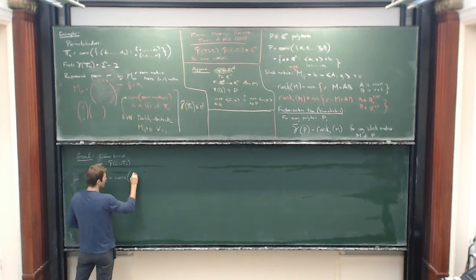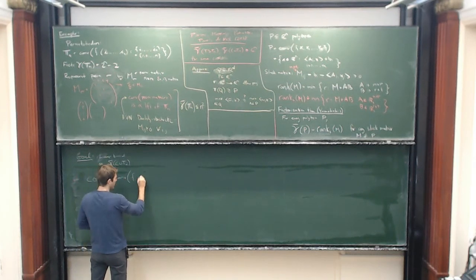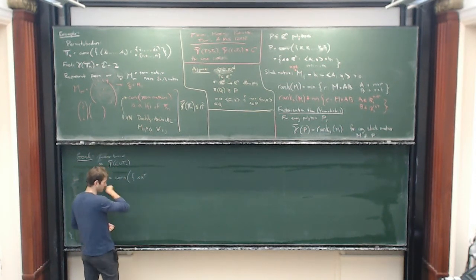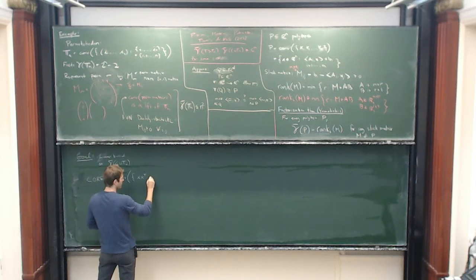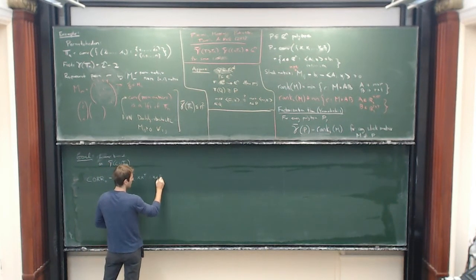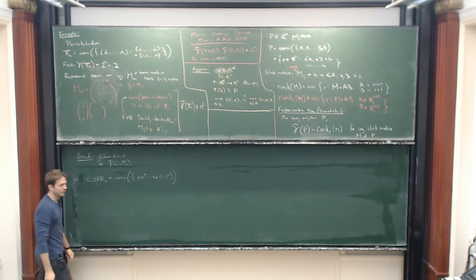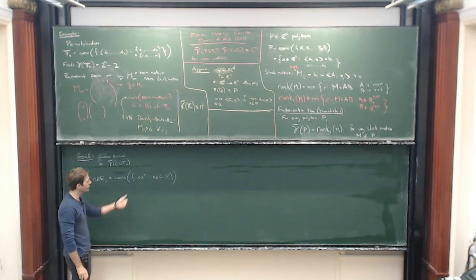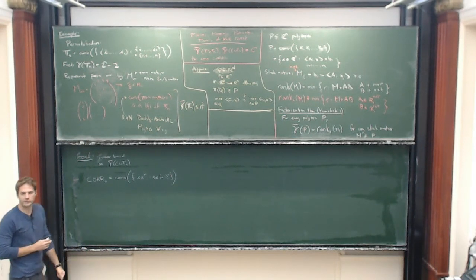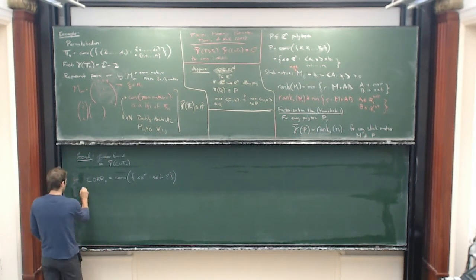It's the convex hull of all of the matrices of the form x x transpose, where x is an element of the discrete cube. It's the convex hull of rank 1 Boolean matrices. This is the correlation polytope.